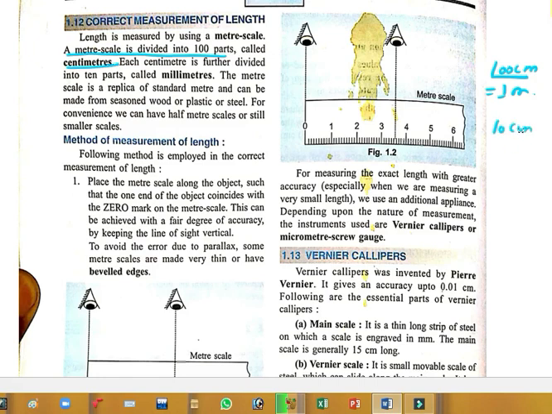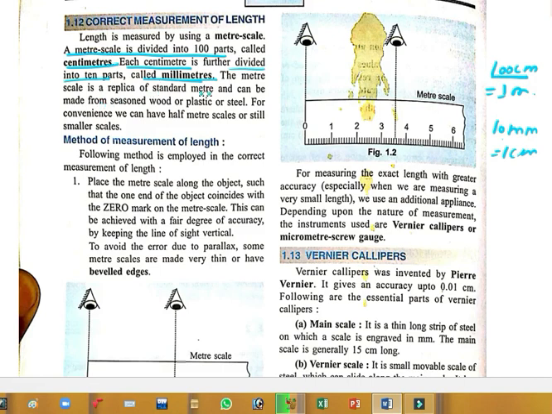And we know that 10 millimeters equal 1 centimeter. So each centimeter is further divided into 10 parts, and these 10 parts are known as millimeters. So 1 meter is divided into 100 parts, those parts are known as centimeters, and centimeters are further divided into 10 parts, which are known as millimeters.